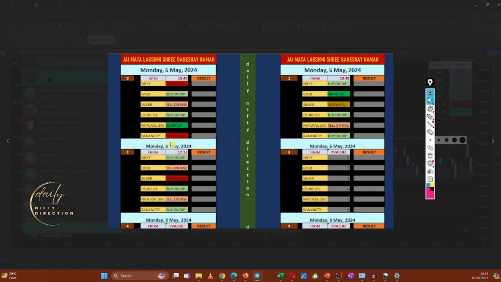Okay, and generally the Nifty and Bank Nifty are same. On charts also you can see that there is almost similar direction, so generally it is same. Okay, so sharp fall was expected, and then buy on dip was expected.